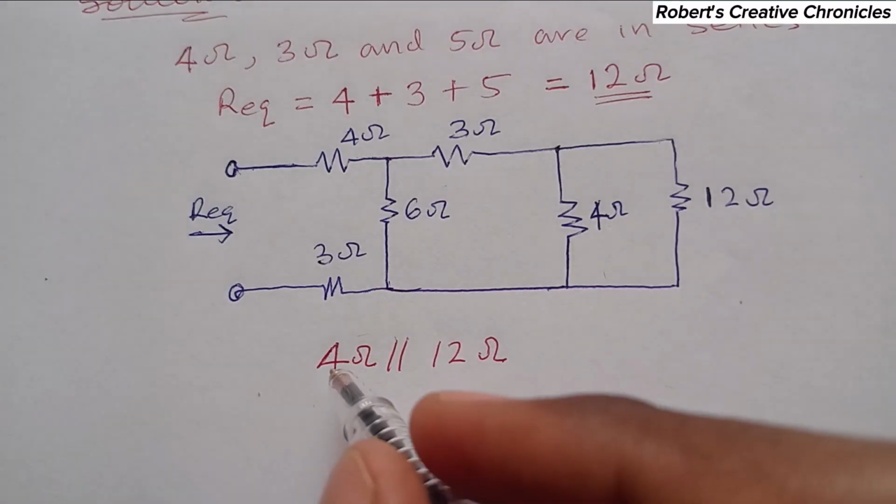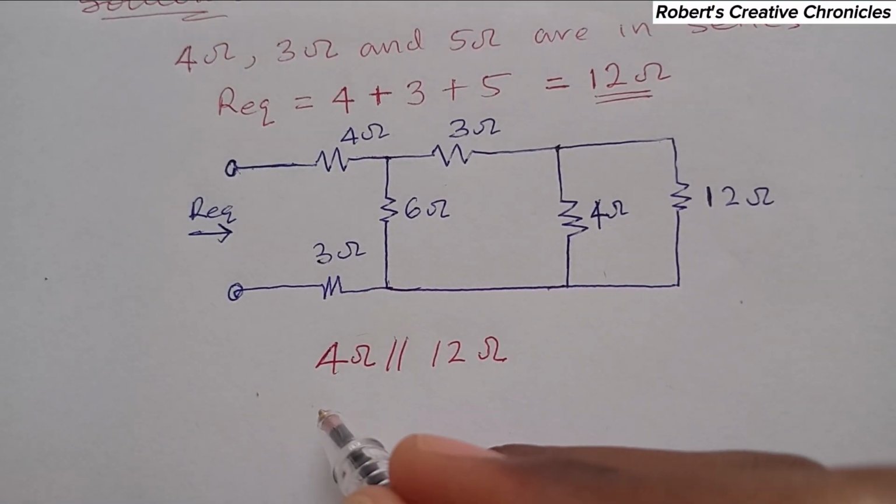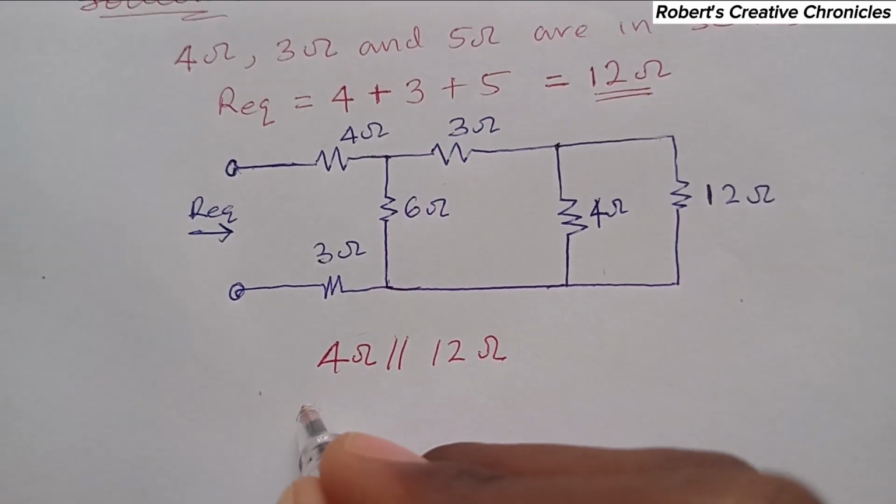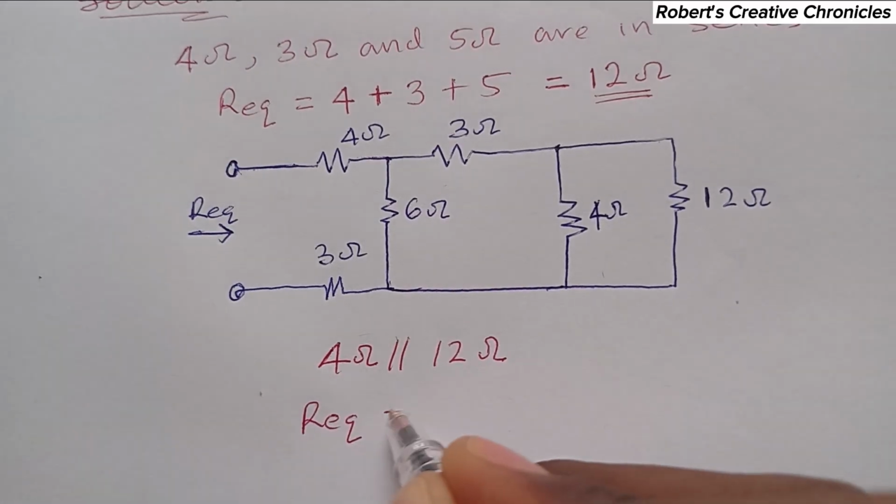Now there's a shortcut to find the equivalent resistance of two resistors in parallel. The shortcut is product over sum.